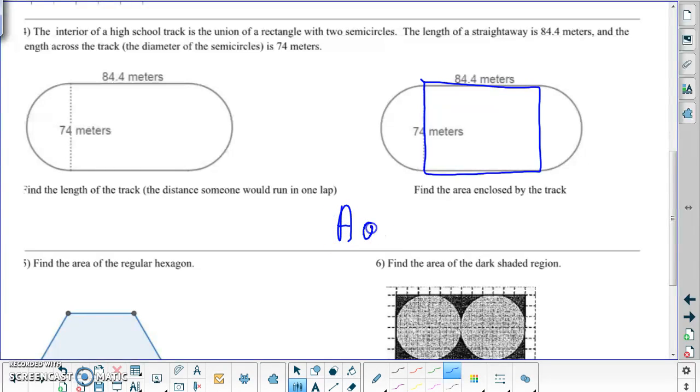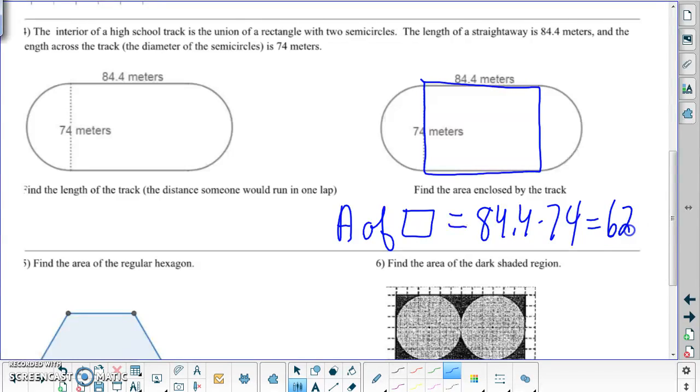Area of rectangle is 84.4 times 74, so just base times height. So what do you get? That number's huge. 6,245.6.